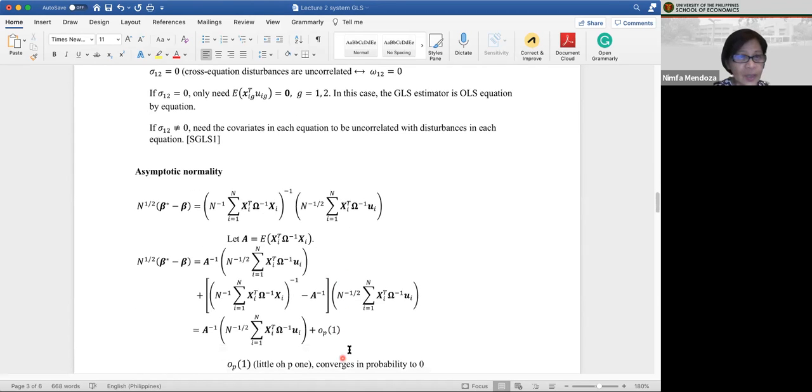Now let's work on the asymptotic normality. Again, this is a large sample property.